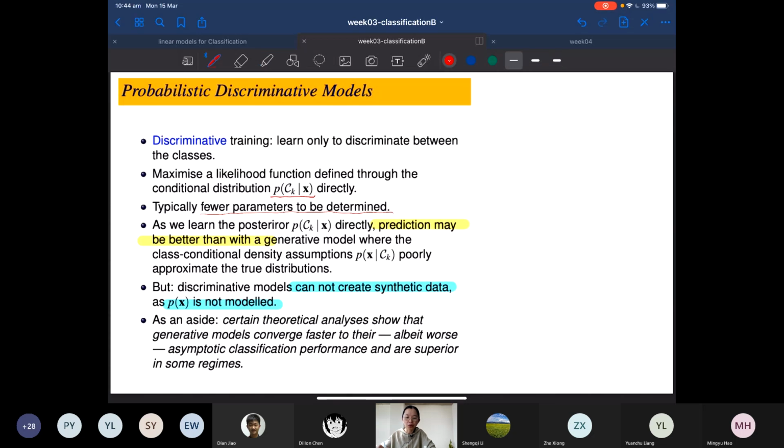The last statement on this page is basically a disclaimer. What we haven't said is anything about the convergence speed. Generative models sometimes can converge faster. Exactly when, it's a lot deeper than we can cover in this class. But then it converges to a worse asymptotic classification performance.